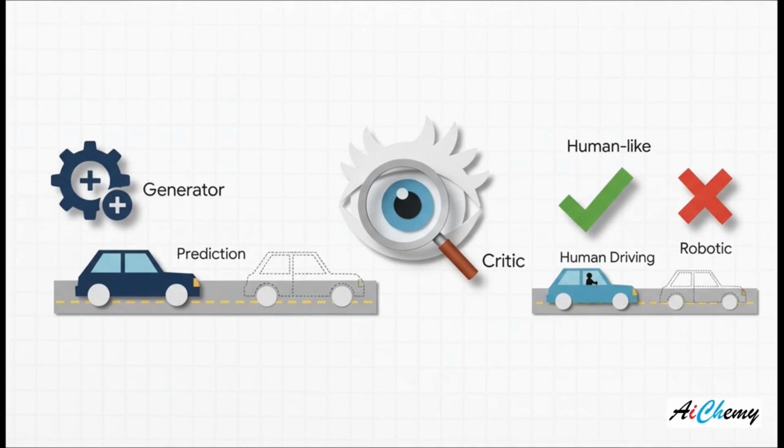In this setup, the generator's job is to predict how a driver will accelerate based on the traffic around them, and the discriminator's job is to tell if that prediction looks like something a real human would do or if it looks all robotic and unnatural. And the results have been amazing. These GAN models are creating traffic simulations that are way more realistic than the older methods could ever achieve.